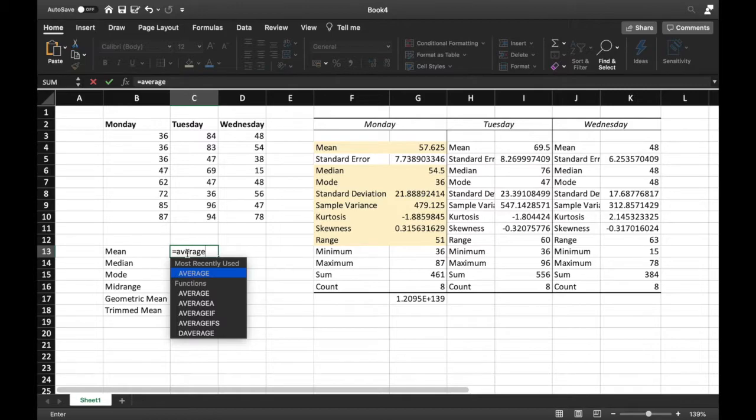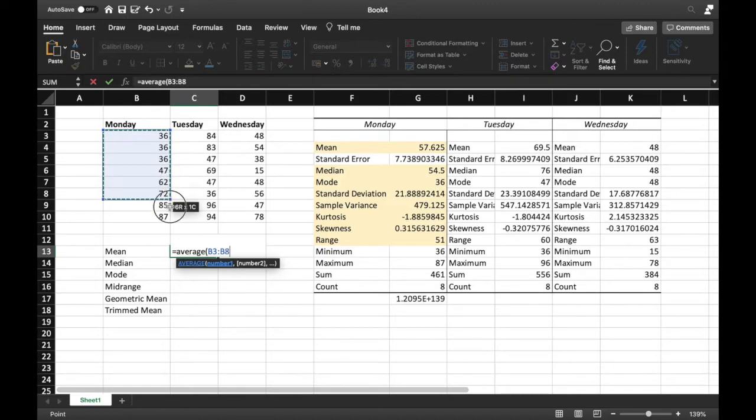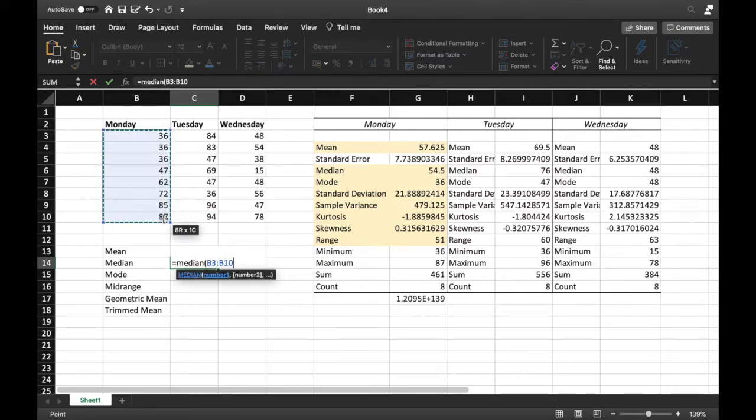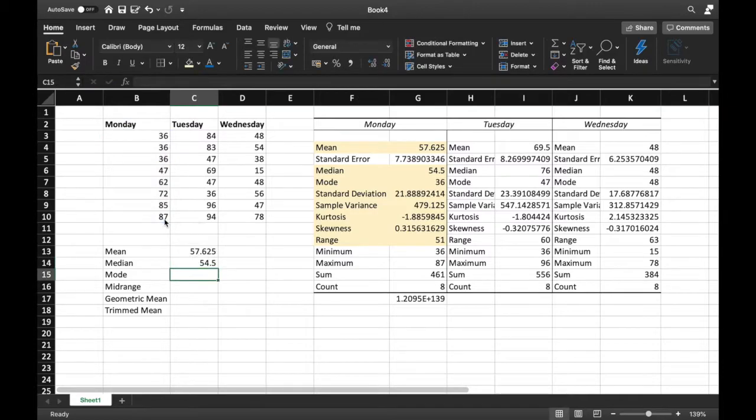So we have here equal average, open parenthesis, and then you highlight all of these cells, close parenthesis, and it gives you 57.625. And it is equal to the result that we have here. As for median, you can type in equal median and then highlight all the data values again, close parenthesis, and then we get 54.5, which is the same as what we got from the data analysis.